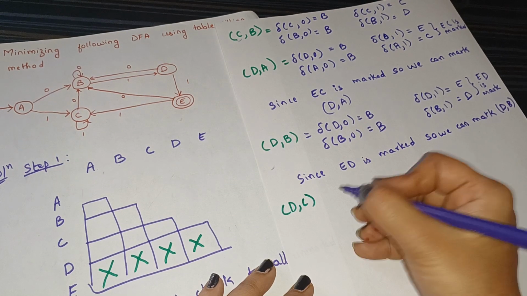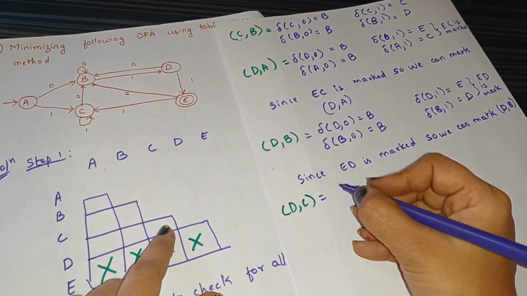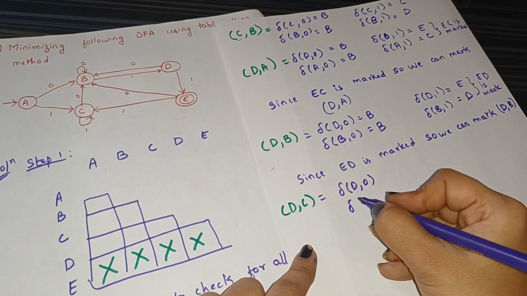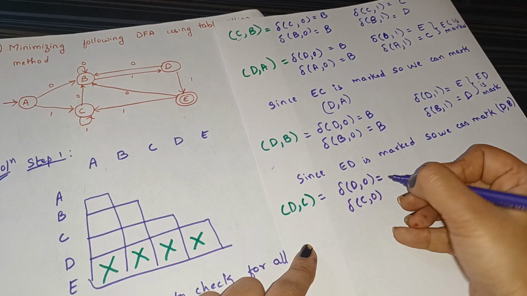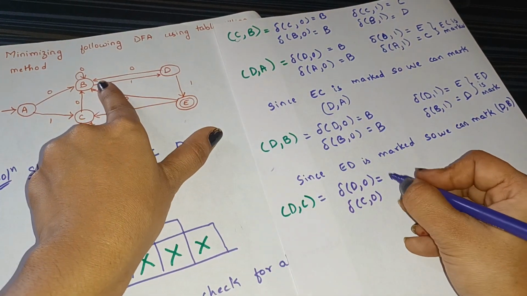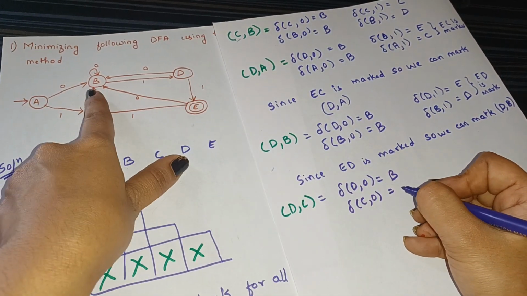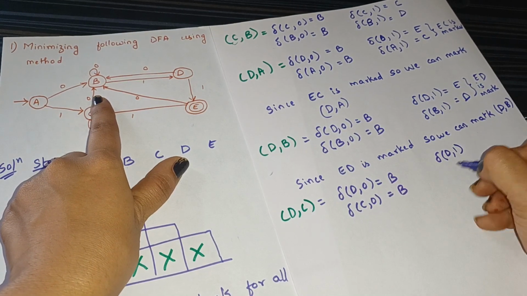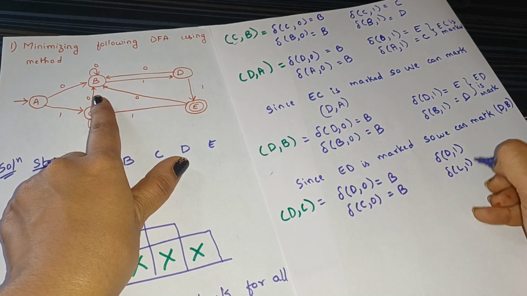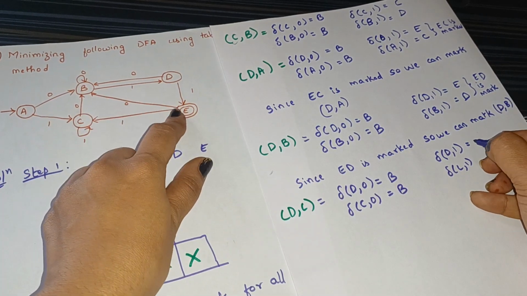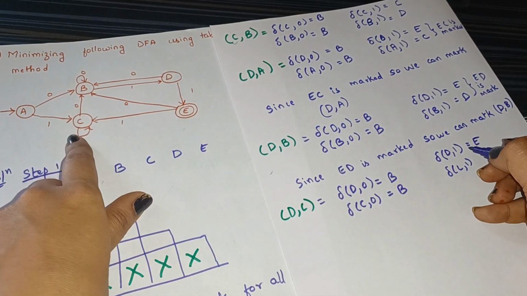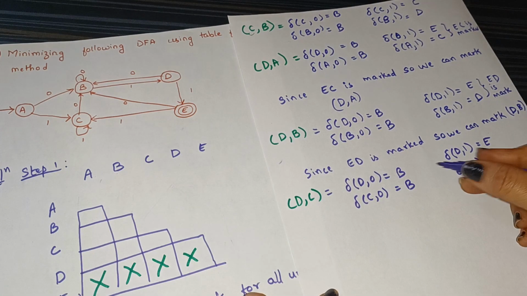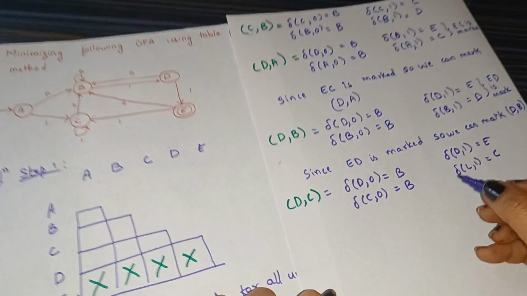So next we will be checking for DC, this box. So delta transition of D on 0 and delta transition of C on 0. D on 0 it is going to B, C on 0 it is going to B. Delta transition of D on 1 and delta transition of C on 1. D on 1 it is going to E, C on 1 it is going to itself. We have to check whether EC or BB, any one of the conditions is there.